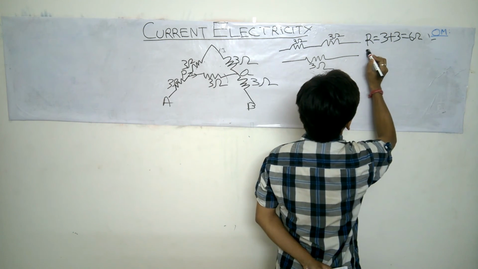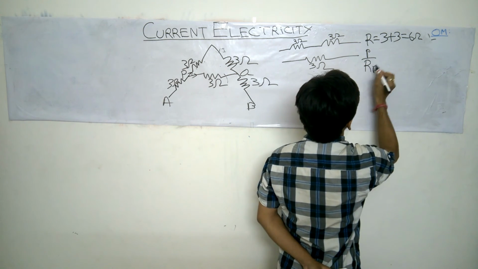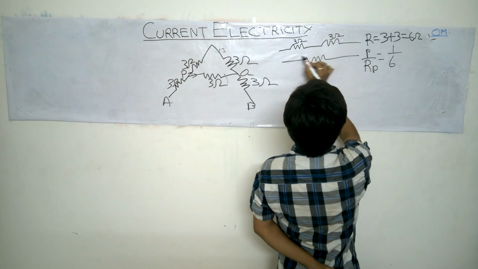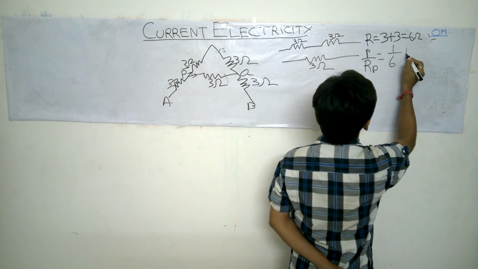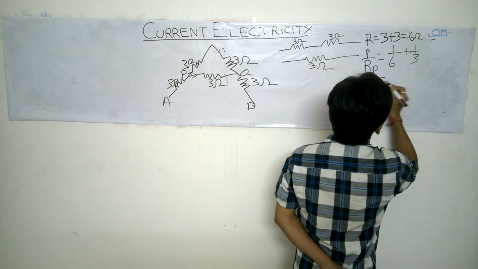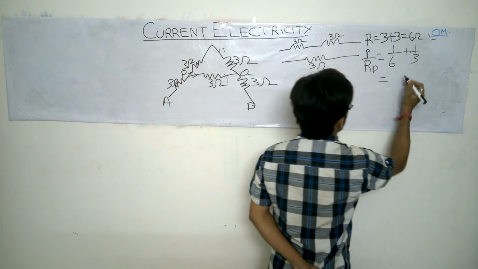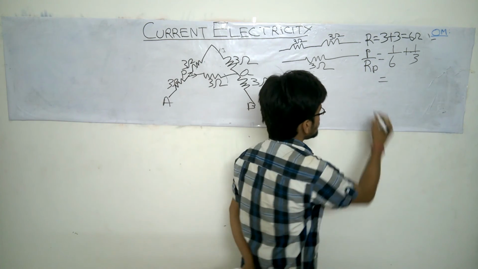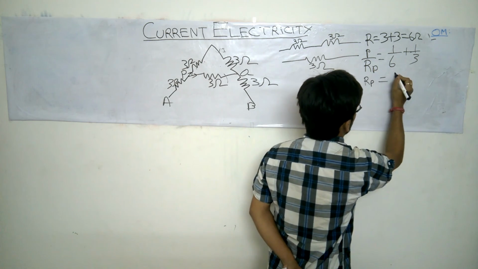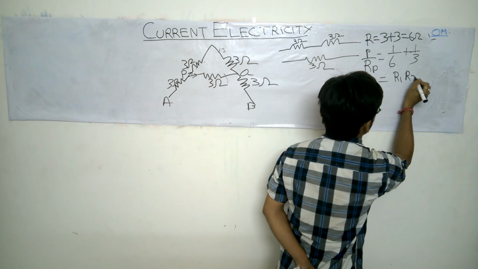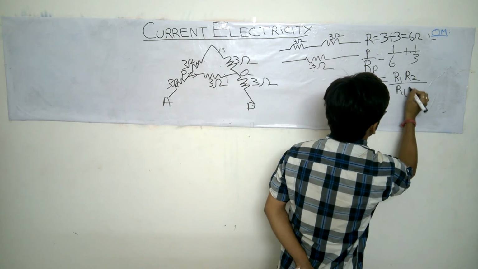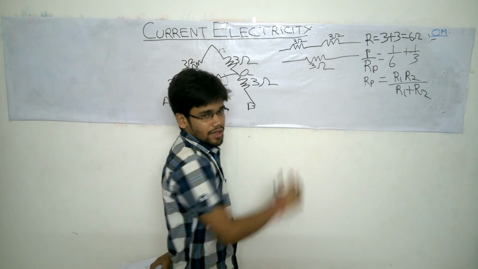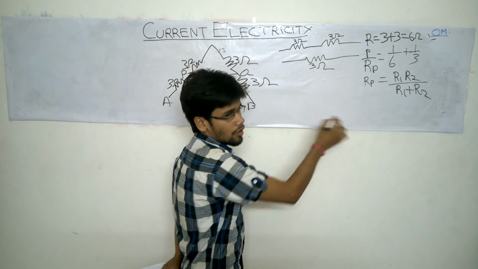What we'll do here, 1 by Rp equals 1 by 6, the entire value of these two resistances, plus 1 by 3. What we can do here, I told you about one formula, right? Rp equals R1 into R2 by R1 plus R2. I told you when we have only two resistances in parallel combination, we can use this formula.